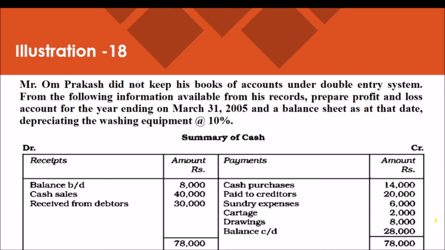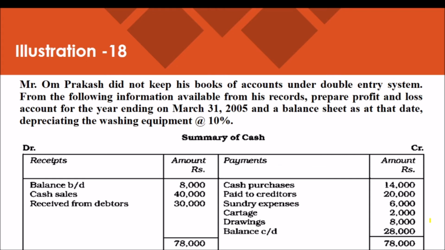Mr. Om Prakash did not keep his books of accounts under the double entry system. From the following information available from his records, prepare the profit and loss account for the year ending and also the balance sheet. Not only the profit and loss account, we have to prepare the trading profit and loss account and the balance sheet.